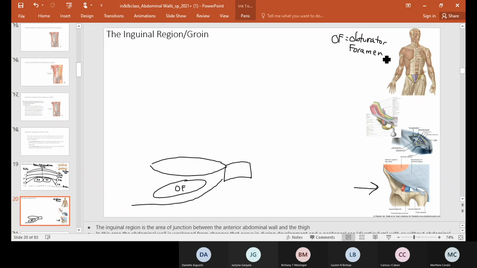What I'm also going to have here, right on top of this structure, and this structure here is my pubic crest. I'm also going to have something called a pubic tubercle, which is going to be this little bump. So PC is going to be my pubic crest, and PT is equal to my pubic tubercle.